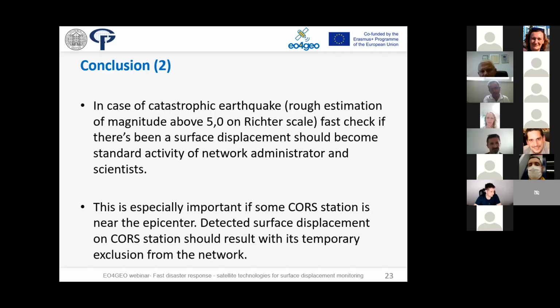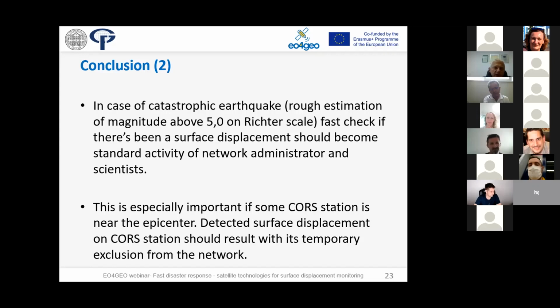What is a catastrophic earthquake? It's hard to say. Based on our recent experience, I would dare to give a rough estimation that these are earthquakes of magnitude above 5.0 on the Richter scale.